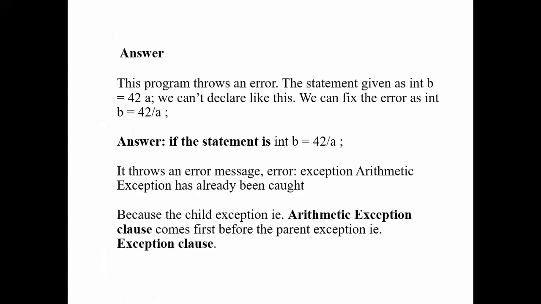If I perform an operation between the variable a and that 42, we can fix the error. I can fix it by 42 divided by a. Instead of multiplying 42 into a, I fix the error using 42 divided by a.